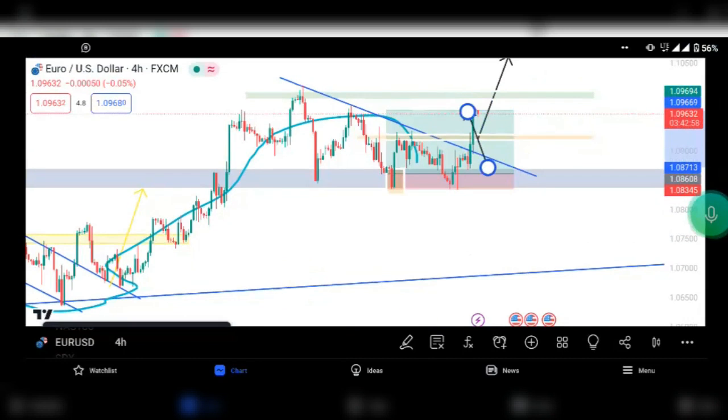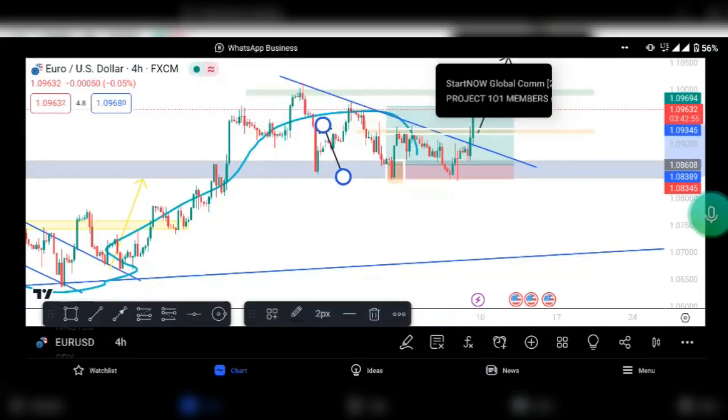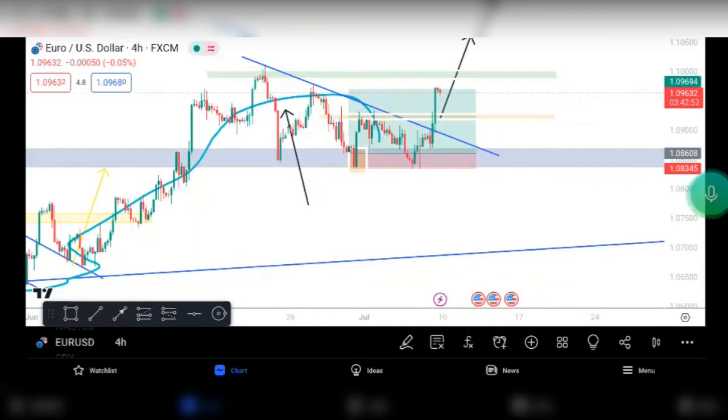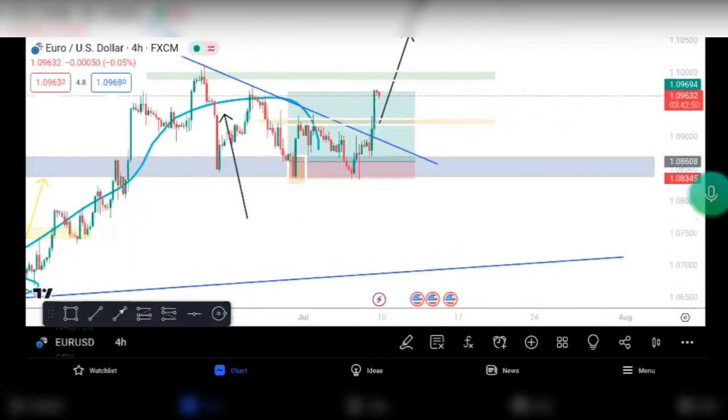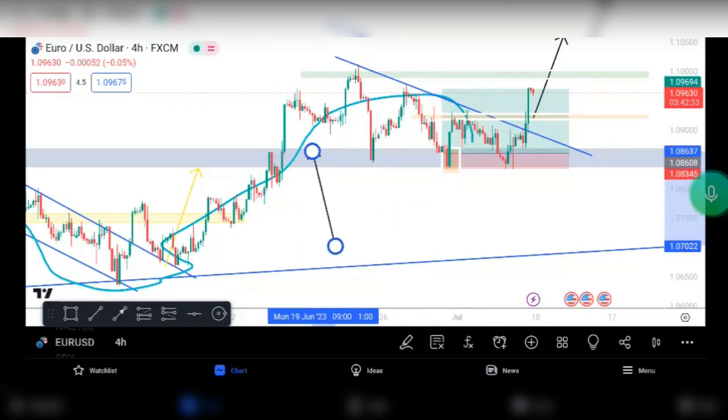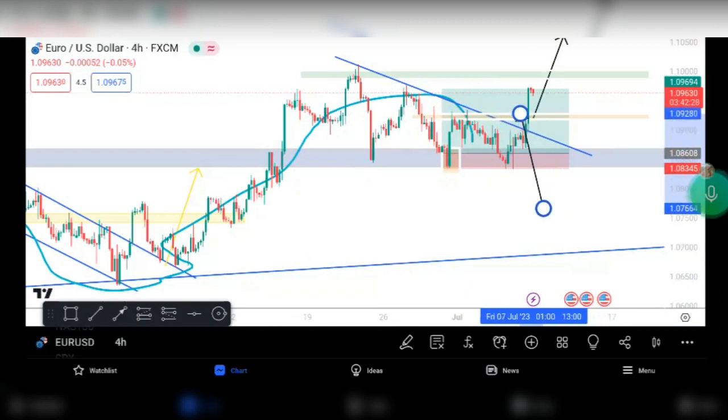If you check here, we had that same free value gap. The market went up, did everything, and came back to pick up liquidity down here. Are we together? So that is exactly what the market is going to do here.